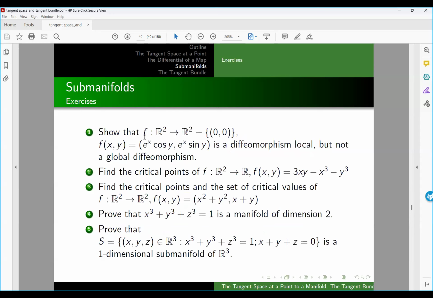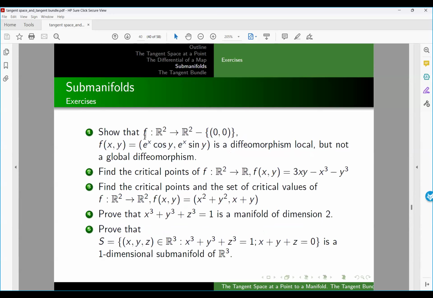Because again, we had a few words yesterday about local and global diffeomorphisms, but we didn't take any examples. So let me take this one before going and talking about that immersion.